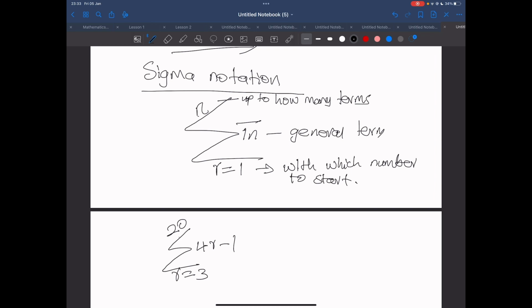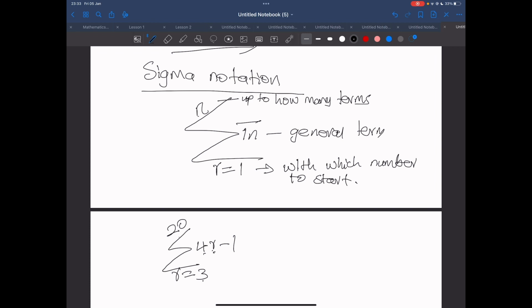Now, the first thing that we do when we see a sigma notation is we need to expand it. We need to see the terms, expand them, so that we can see what type of sequence or series we are dealing with. For example, if we start substituting with 3, we'll have 4 multiplied by 3, which is 12, minus 1, which is 11.